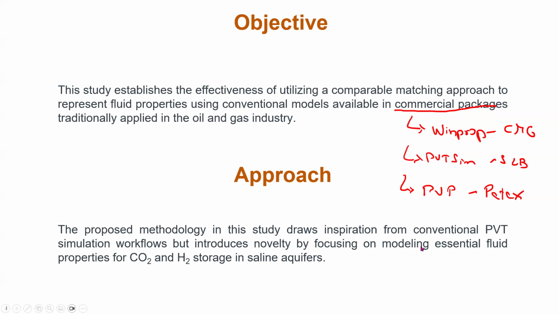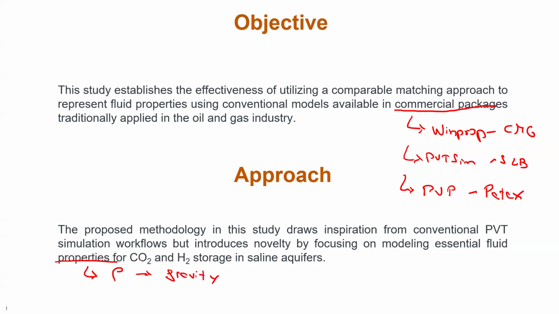Our focus is on modeling essential fluid properties. When I talk about essential properties, I mean density. Density is essential for us because density controls the buoyancy, so the gravity.